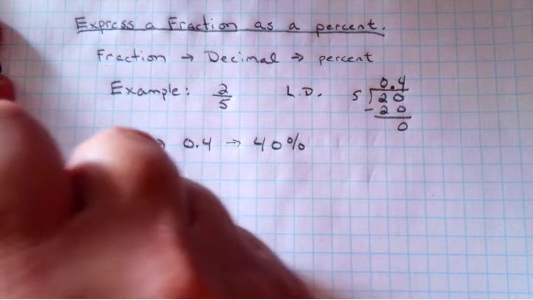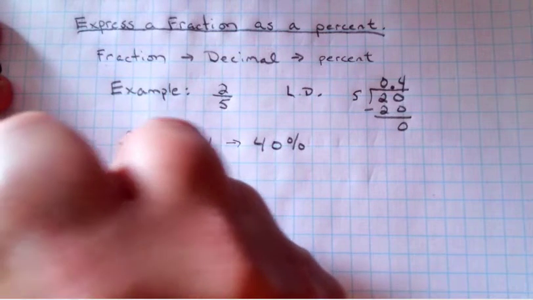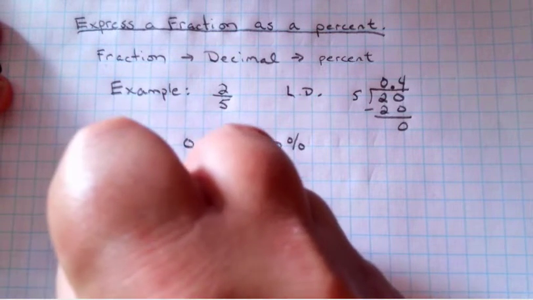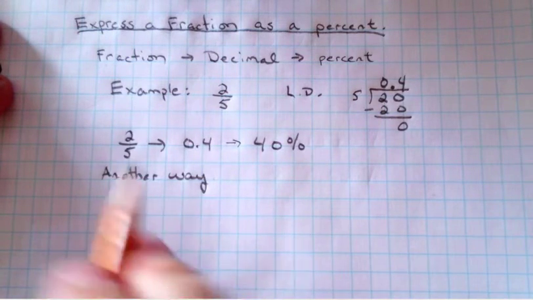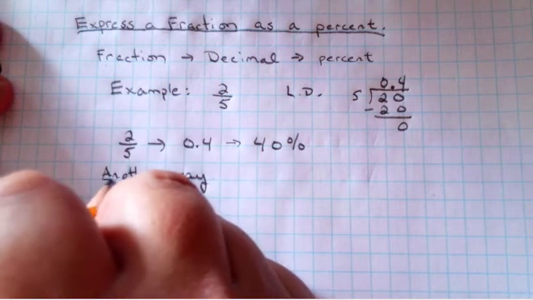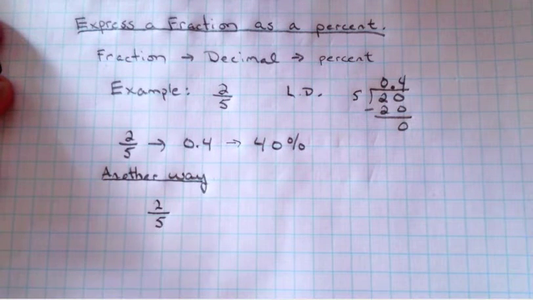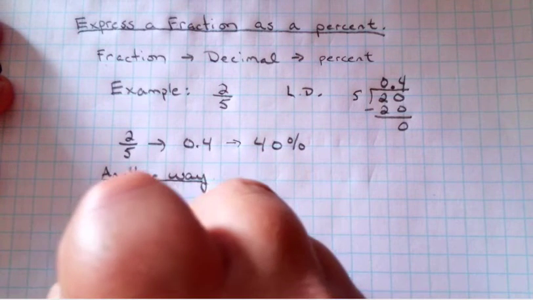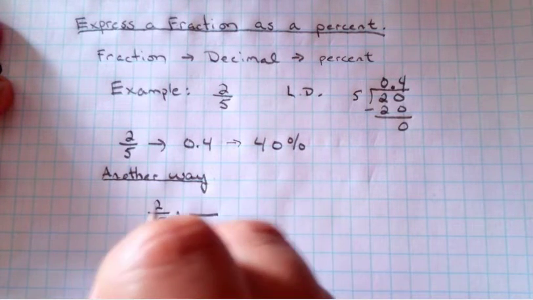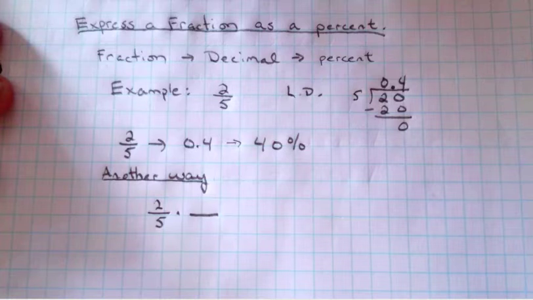So another way would be to take the 2/5 and say, well, you know what? I can get this to be over 100 if I multiply the numerator and the denominator by 20.